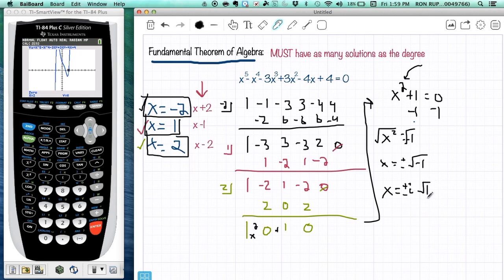Well, square root of 1 is just 1. So that is just 1, and 1 times i is just i. So x equals plus i, and x equals minus i, because, you know, plus or minus i. And so now that's zero number 4, and that's zero number 5.